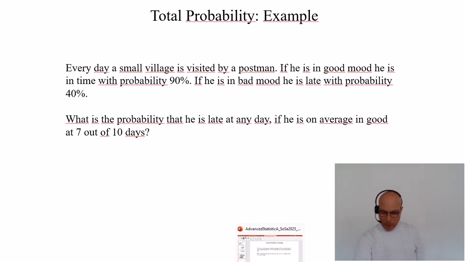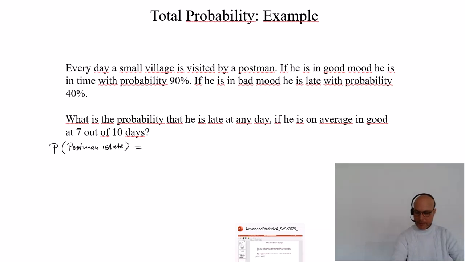So, what we want to do here, for this we can use the conditional probability. So we have the probability of postman is late.